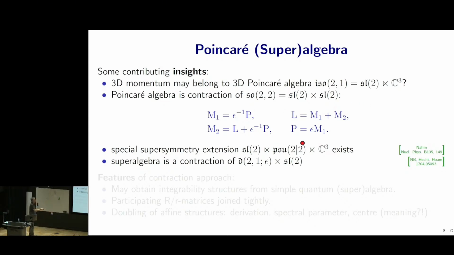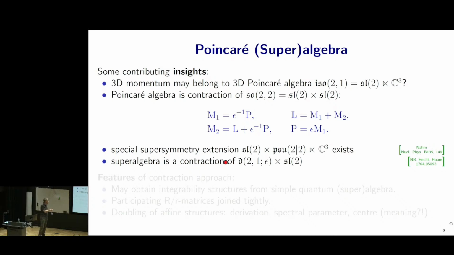Contraction means that you just change the generators in a certain way, and then you take a certain limit on this transformation that makes it singular. In this way, you can obtain from this semi-simple algebra, SL2 cross SL2, this non-simple algebra, which is the Poincare algebra. In fact, this picture has a supersymmetry extension where you basically just squeeze this PSU2/2 algebra in between the two factors.